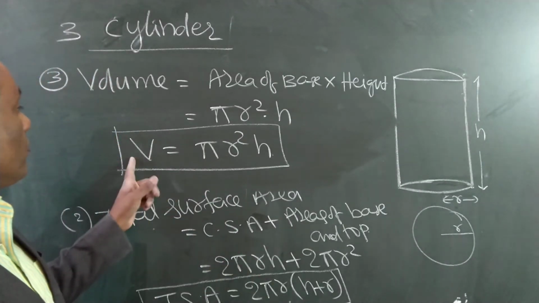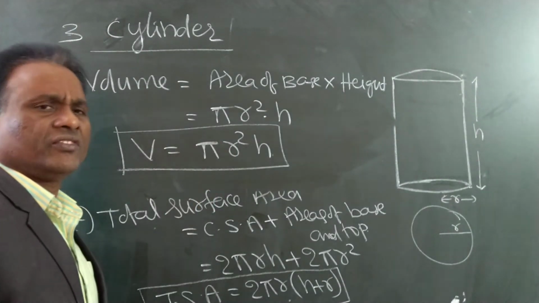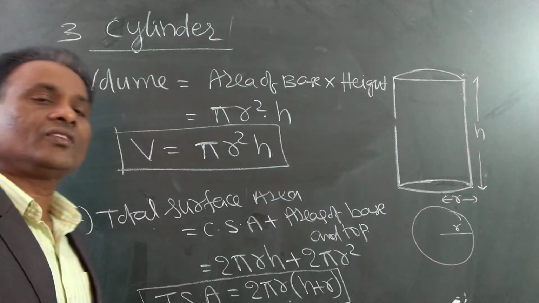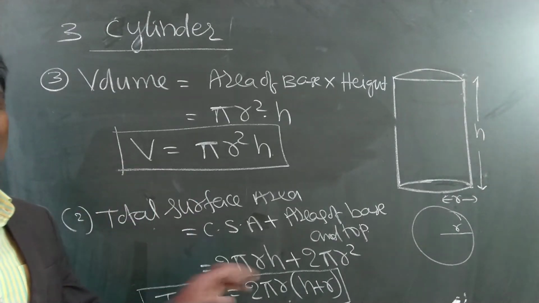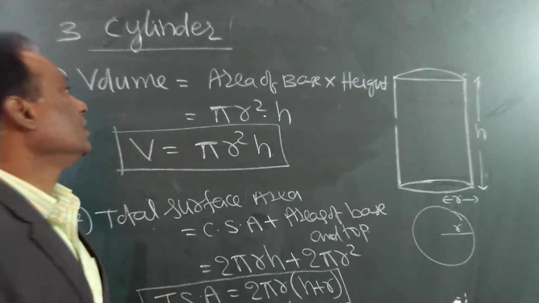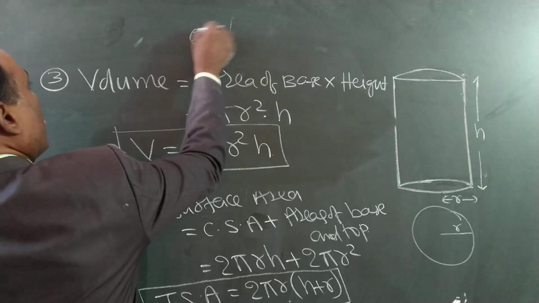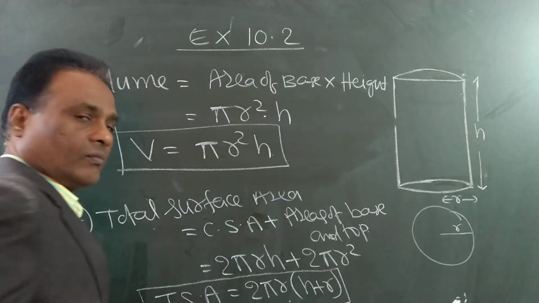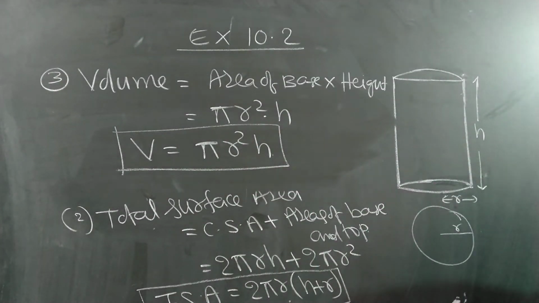Volume of the cylinder is pi r square h. Pi is 22 by 7. Students, now we studied the cylinder, all the formulas. Start the next exercise, 10.2, first question.